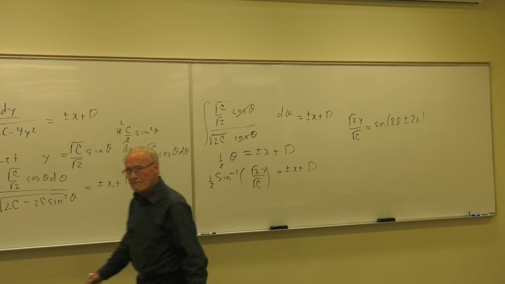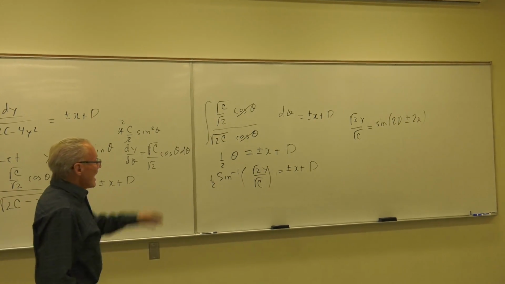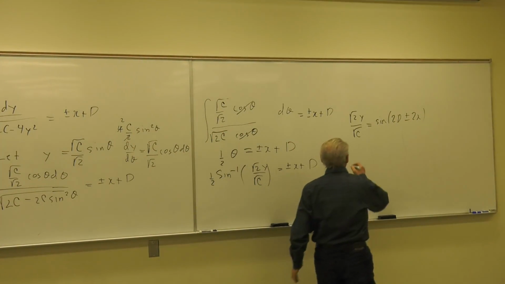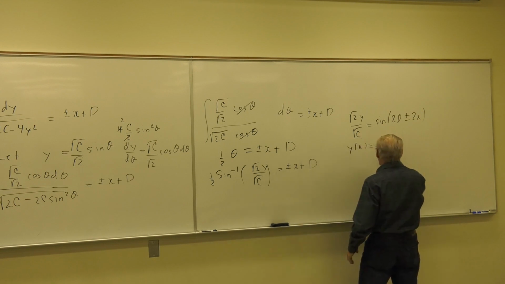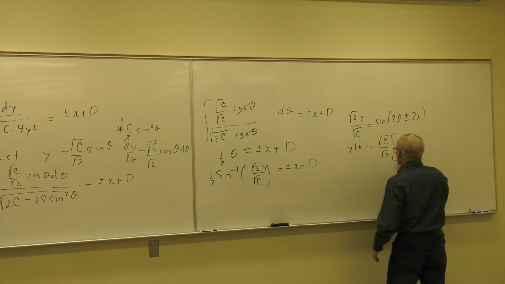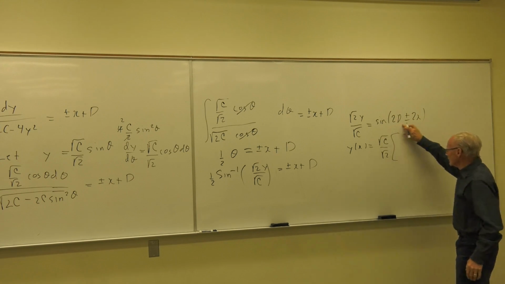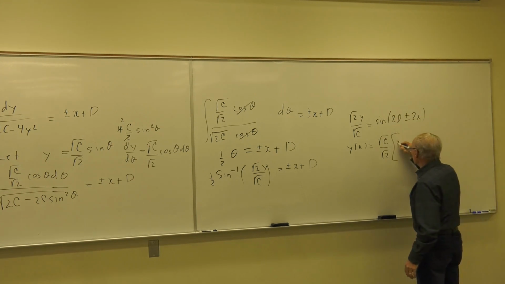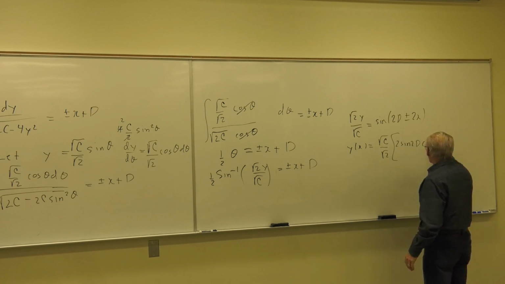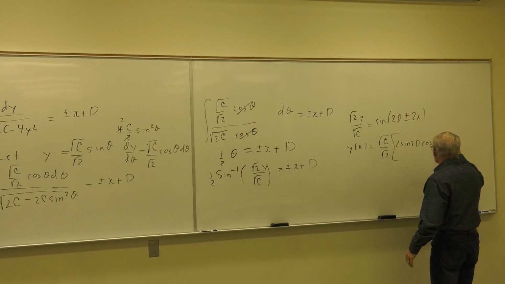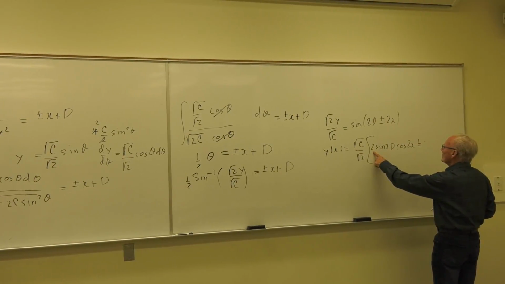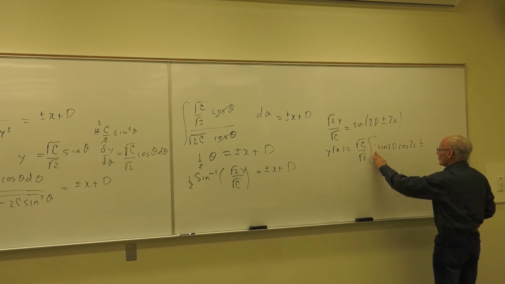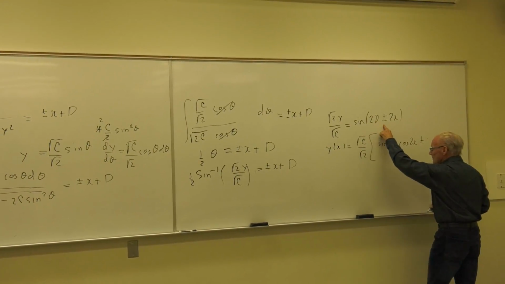How does that look? Last thing to do, solve for y. y of x is equal to root c over root 2. If you don't mind, I would like to expand this into sine 2d cosine 2x plus or minus, no 2, we're expanding this.